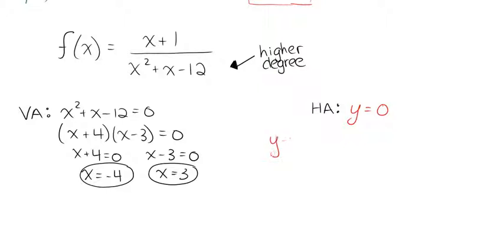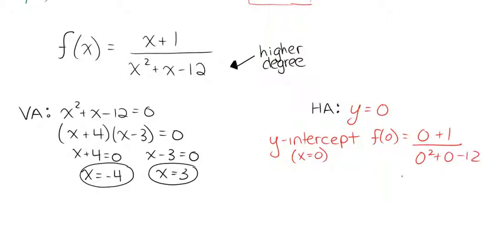Okie doke. So the y-intercept is where we set x equal to 0. So let's find f of 0. We plug in 0 plus 1 over 0 squared plus 0 minus 12. That's going to be 1 over negative 12. So that's our y-intercept.